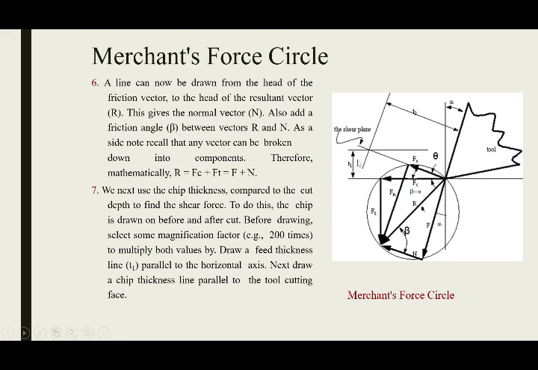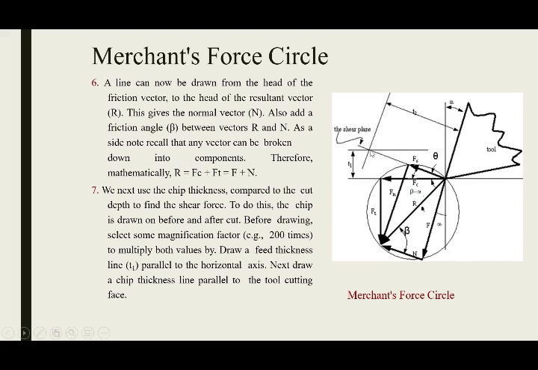Again coming to the point of intersection, this is a horizontal line at a distance T1, that is thickness prior to deformation, and a line parallel to the tool face at a distance T2. So these two lines will intersect at this point.